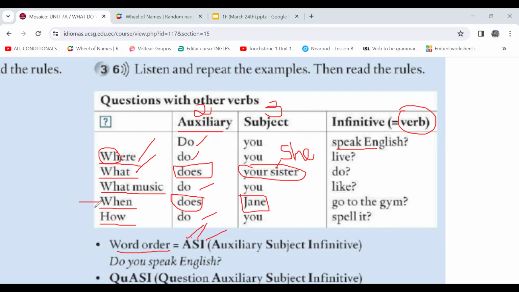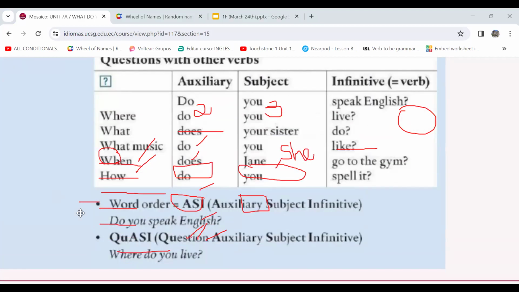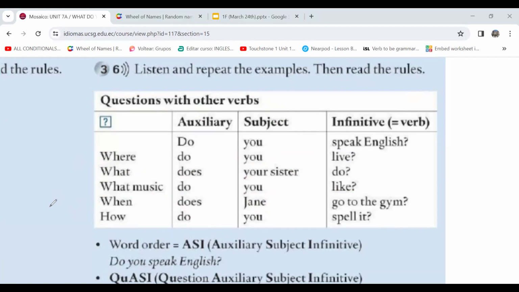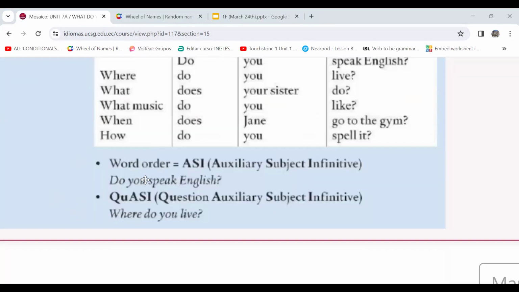Pero para las preguntas que llevan WH question, aquí tenemos otra abreviatura, otra frase que podríamos memorizar, que si no se cumple, entonces estamos haciendo mal. Esta es la pista que nos da aquí el material que estamos estudiando. Check. Ok, el otro es QASI.